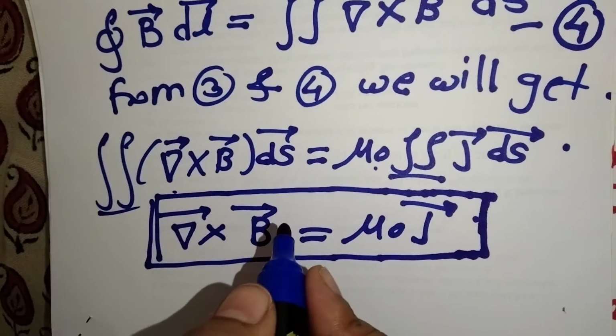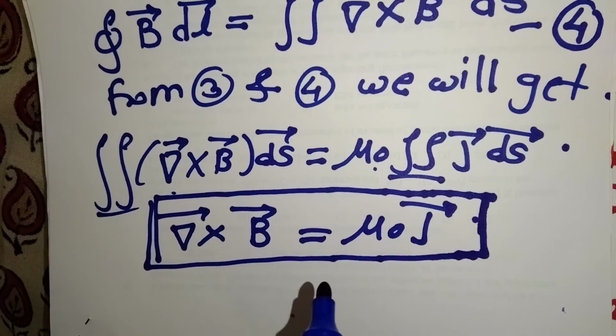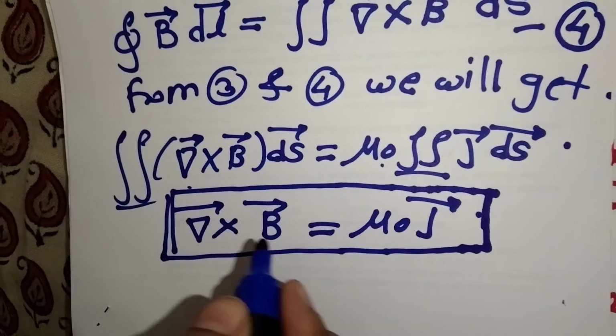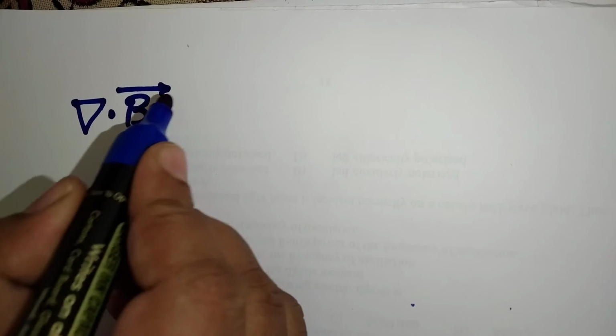Now we will see the divergence of magnetic field. Let us see divergence of B bar, that is del dot B bar.